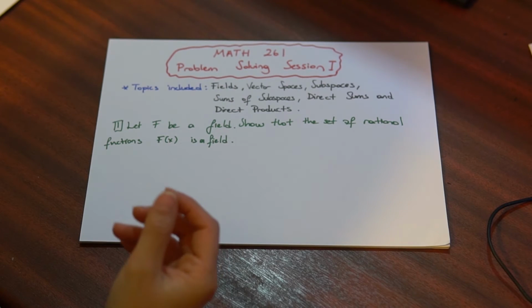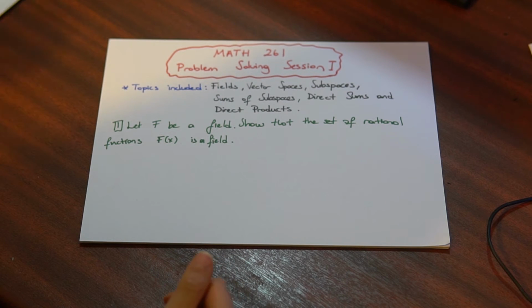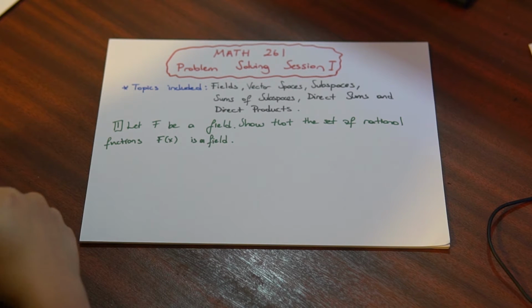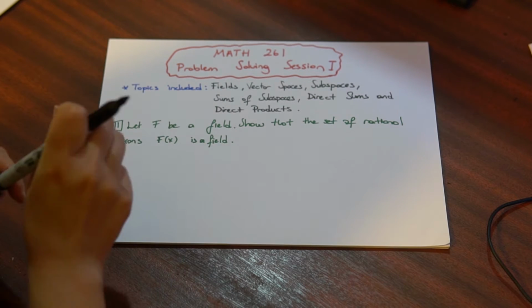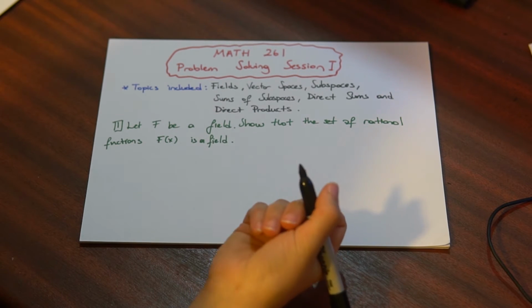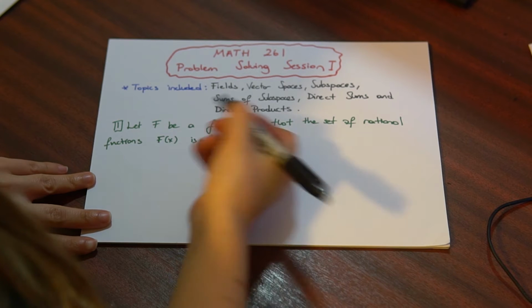First question is, let F be a field. Show that the set of rational functions F(x) is a field. First, let's look at what the operation in F(x) is.